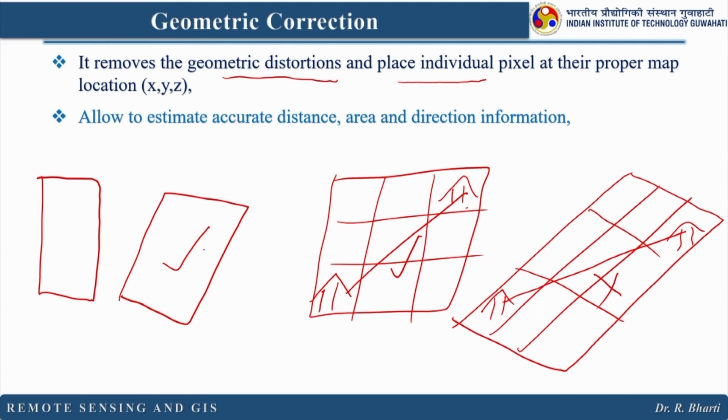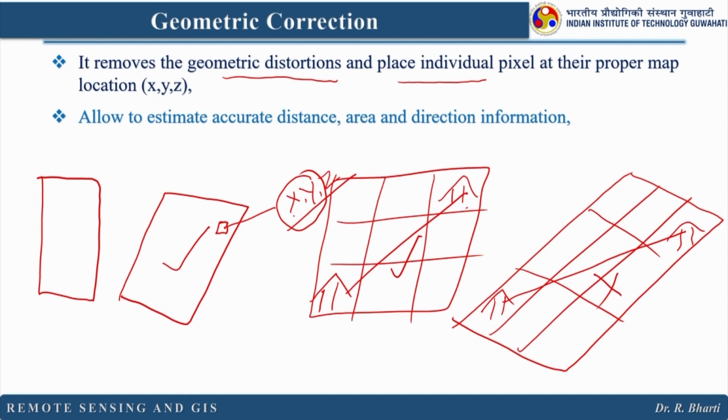So, the purpose of this is, if you do the geometric correction and place all the pixels in their own location, then you can easily find out the x, y and z value of this particular pixel, and the xy value can be used to locate this pixel in the field using a GPS, because when you know xy you can easily do that.